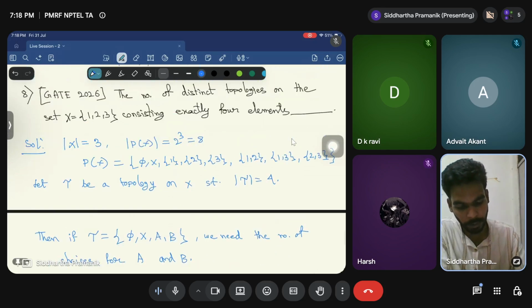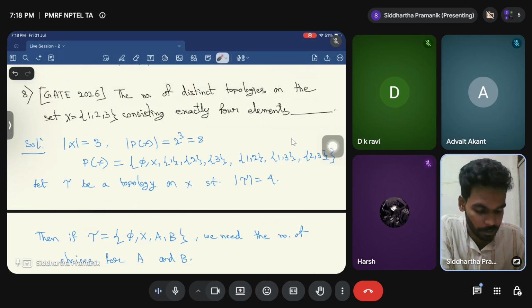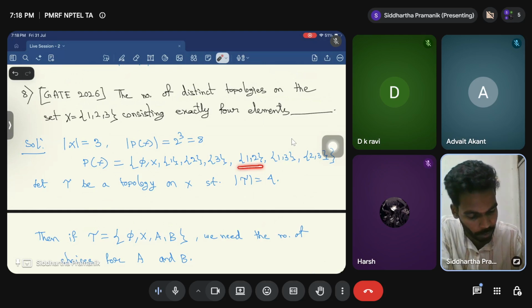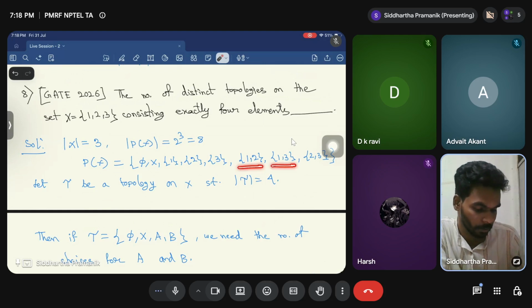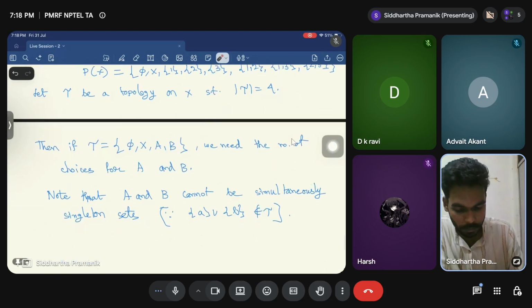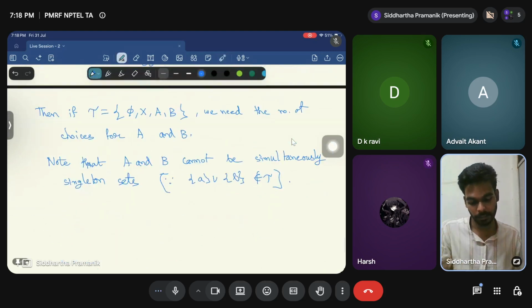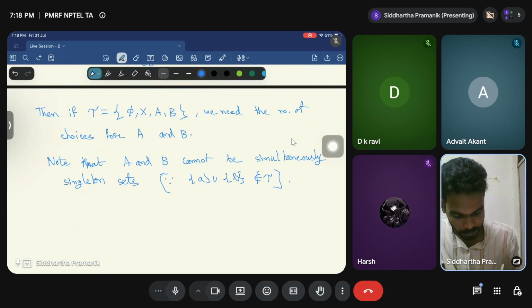Now what happens if both A and B are doubleton sets? Let's say {1,2} and {1,3}. Now if you take their intersection, that is singleton {1}, but that is not in tau. So similarly, they cannot be simultaneously doubleton sets.